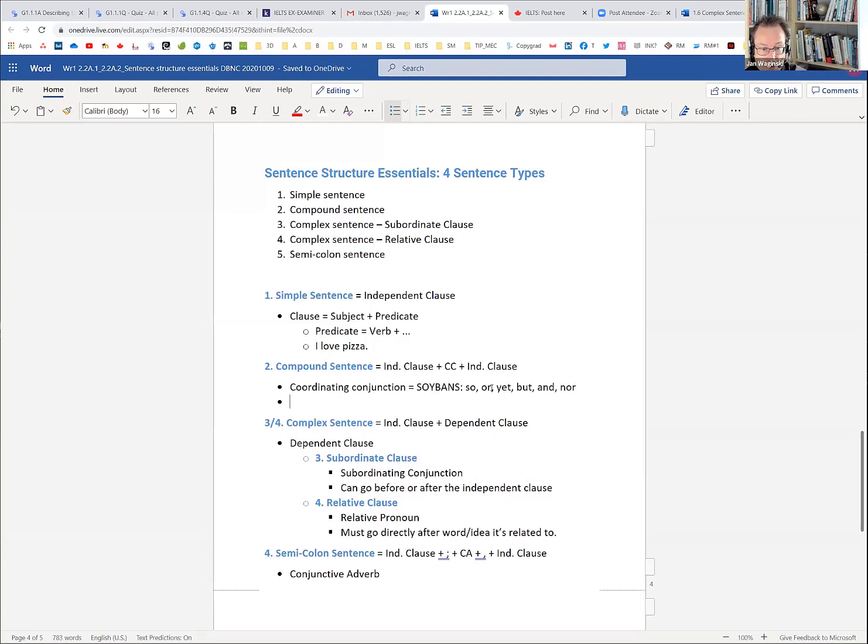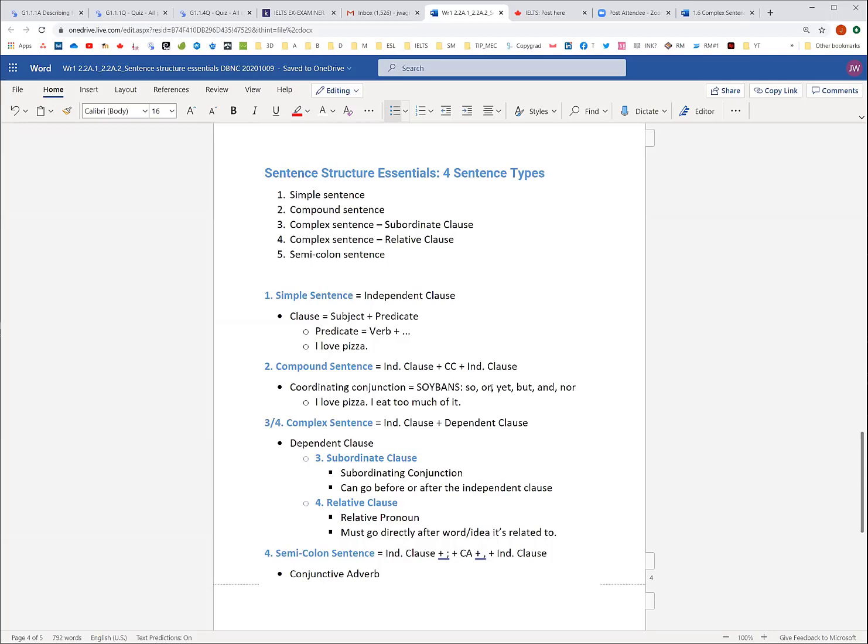So an example of a compound sentence would be, I love pizza, I eat too much of it, okay? How can we put these together? Which of these coordinating conjunctions could we use to join these two simple sentences? And.